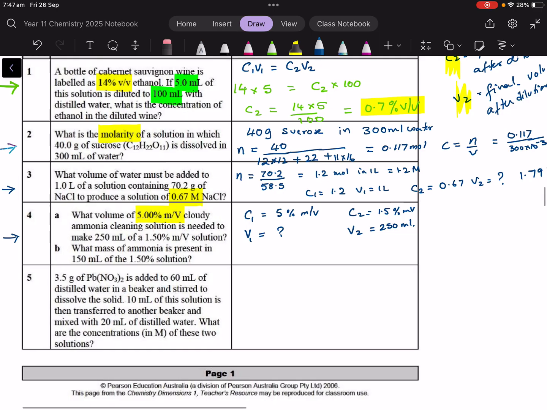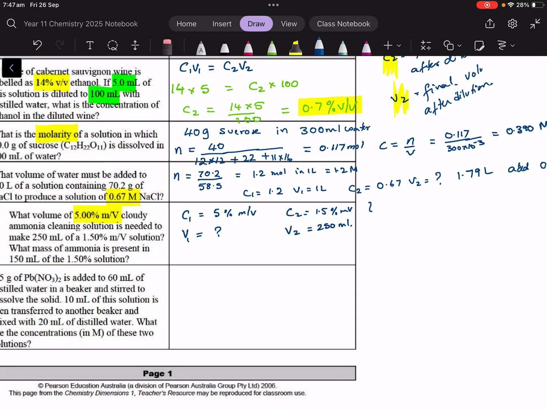So I'm going to quickly work out over here the part A, which is V1 is equal to 1.5 multiplied by 250 divided by 5%. So we're going to get a volume of 75 mil. You have 75 mil of the solution that you need to take, the 5% solution, and dilute it to 250.